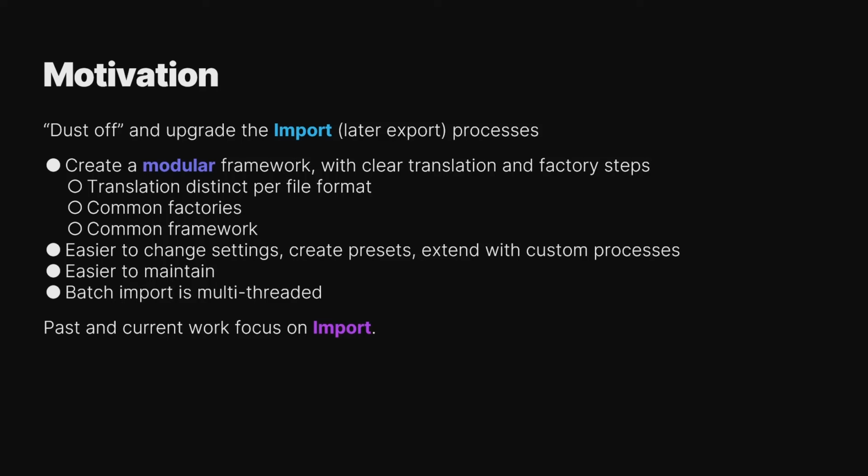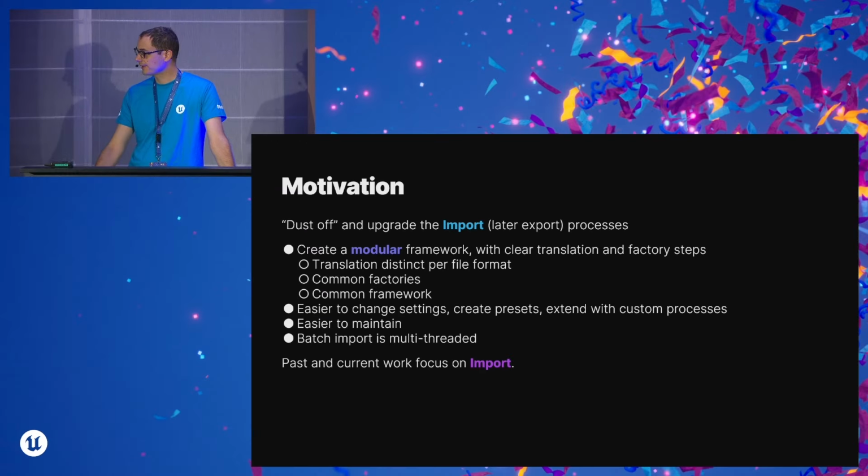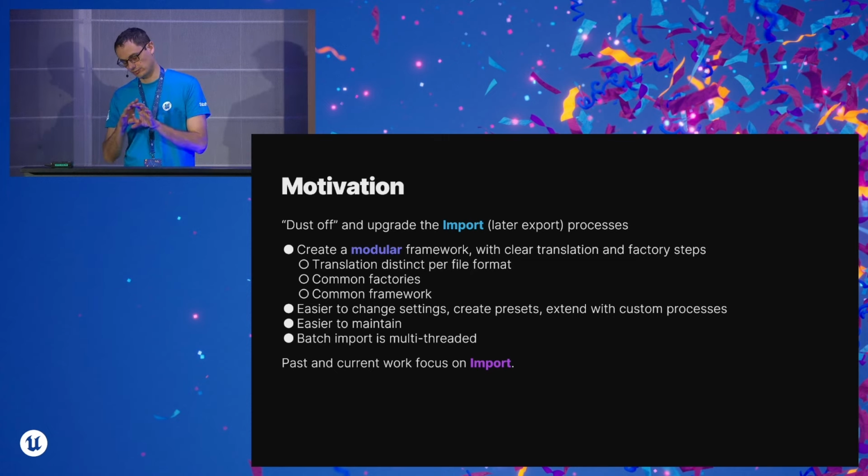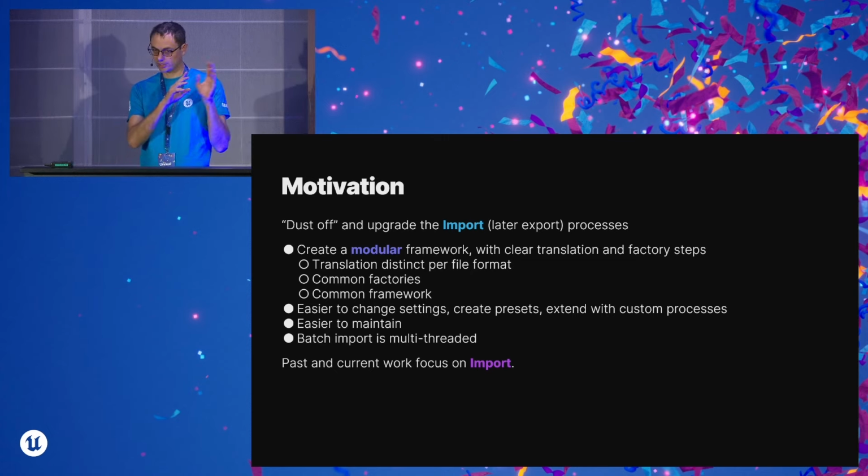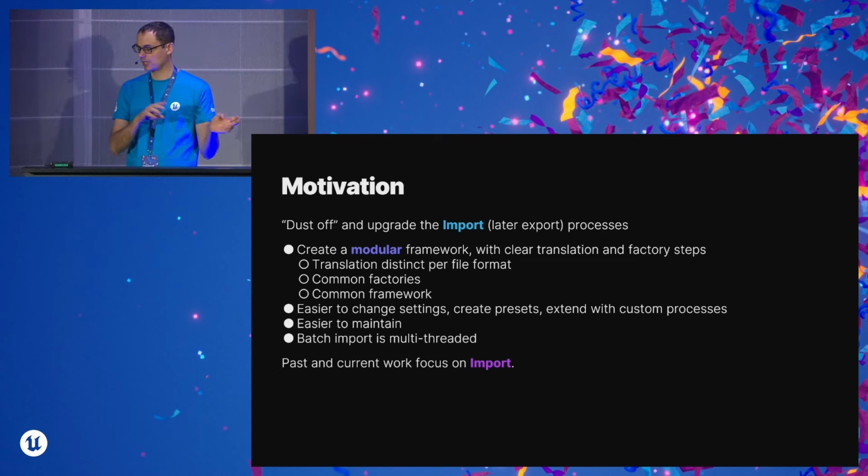So the main motivation behind the new Interchange Framework was that if you import files into the engine, depending on the different file format you're importing, you end up having different code paths doing similar things like creating assets. So the goal is to have a modular framework where most of the imports are going to follow the same frameworks, same steps.